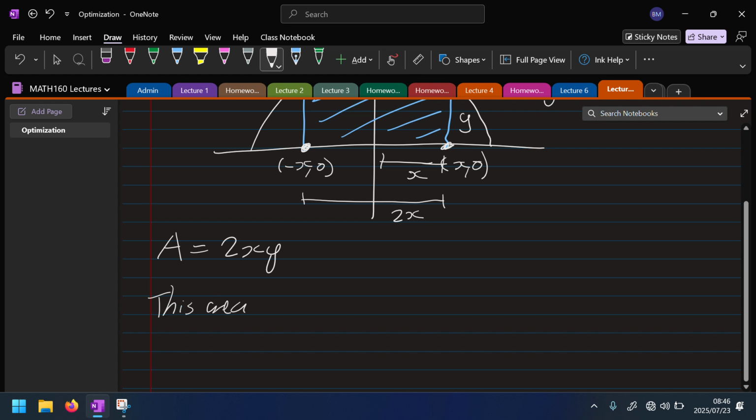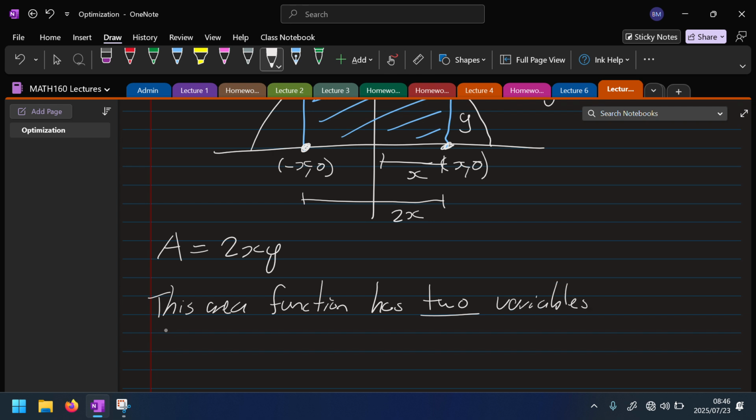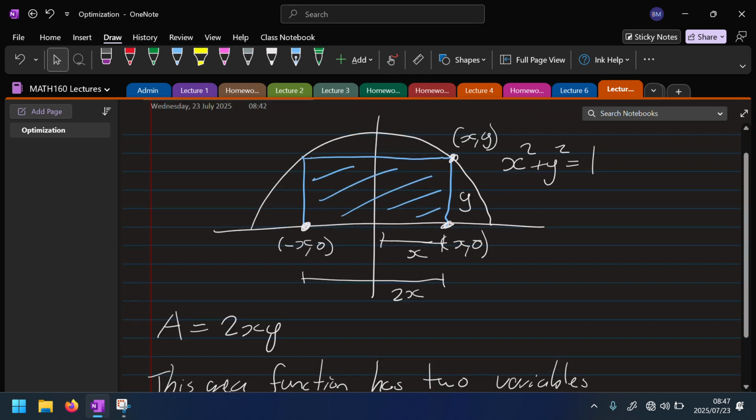This area function has two variables, and we only want one. Let's keep the x and get rid of the y. You could just as easily swap it around and get rid of x, keep the y. That's up to you. So with all this in mind from the picture, how can we eliminate y from this equation?